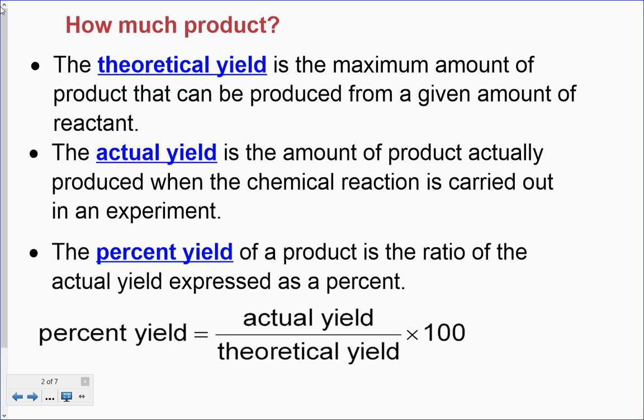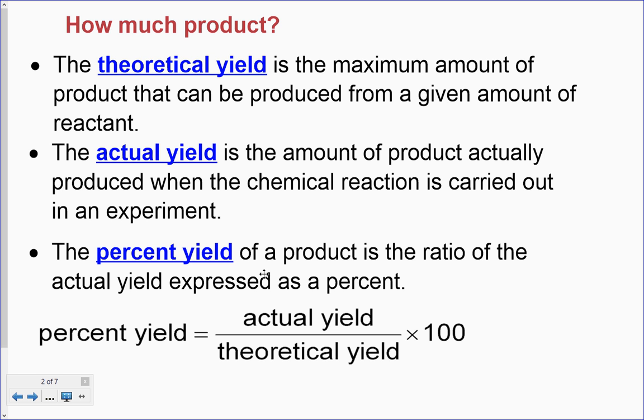Okay, so how much product do we get from a reaction? In theory, the theoretical yield sets the maximum amount of product we should get in a reaction. But that's not what always happens, right? The actual yield that you get from doing an experiment is going to be less than that theoretical yield.